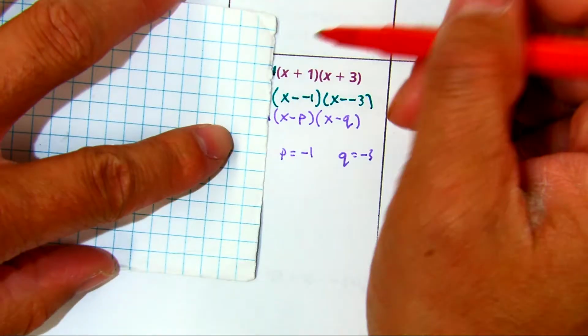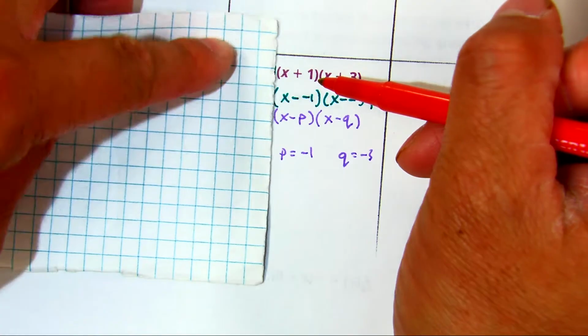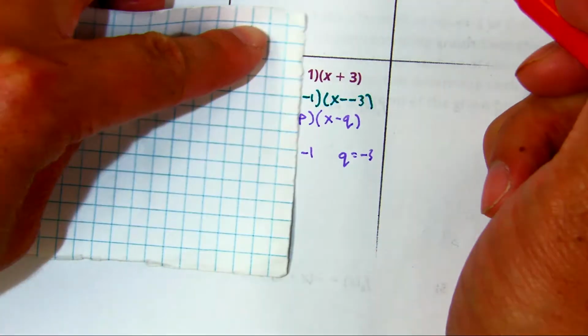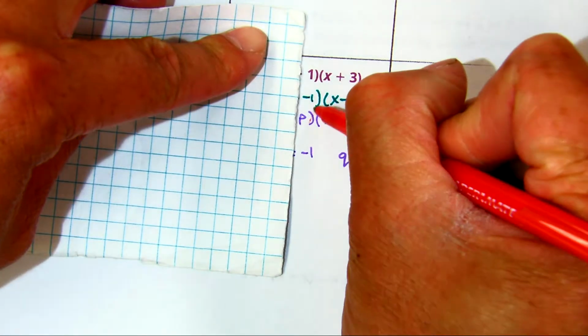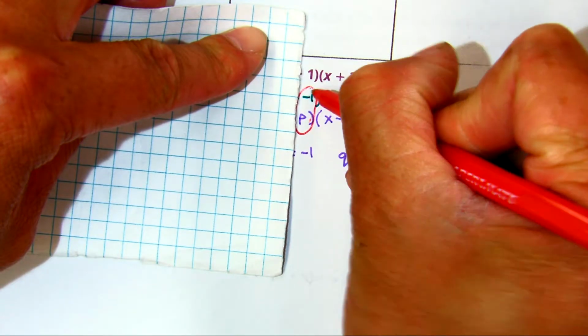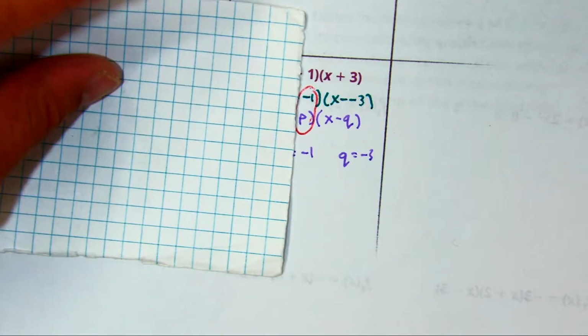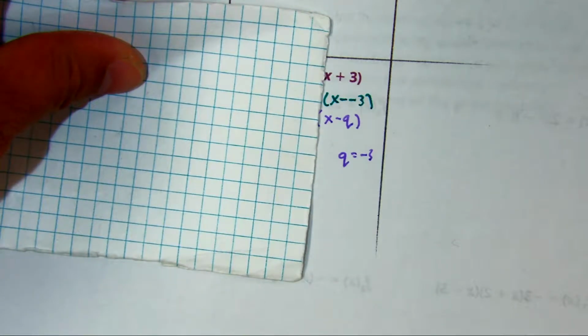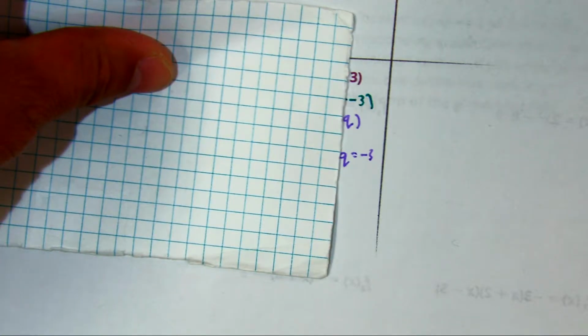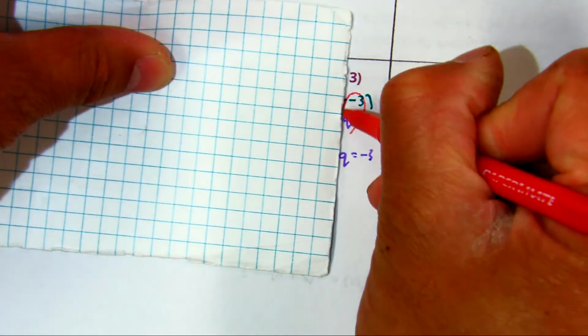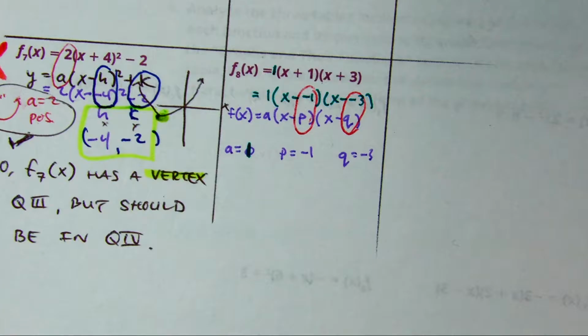So I have a parentheses, I have X, I have a minus sign, P is -1. You can do the same thing over here. Cover up the parentheses, X, minus sign, Q is -3. Raise your hand if you did it like that.